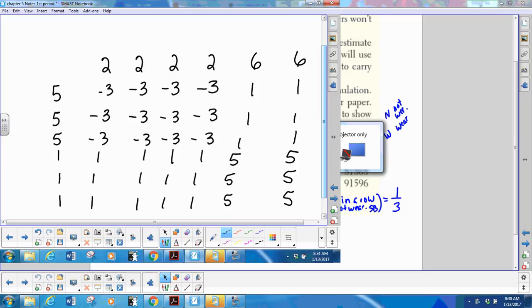And that's probably how I would set these up. It's a real simple way to figure out what's going on.